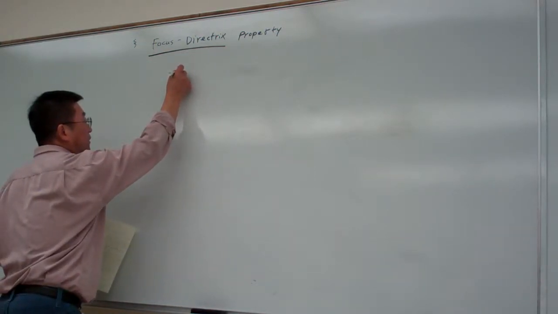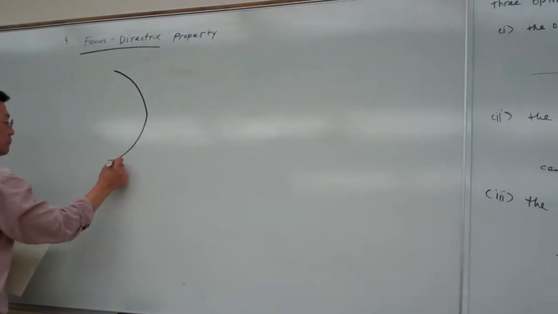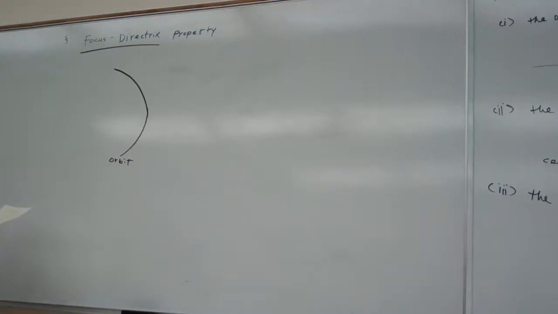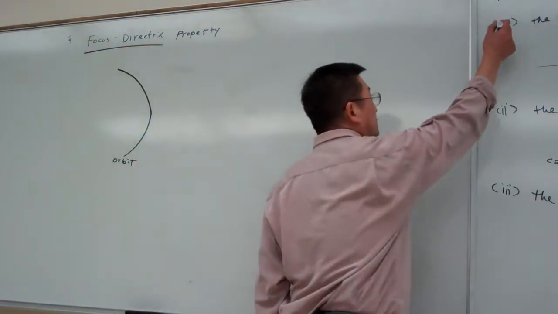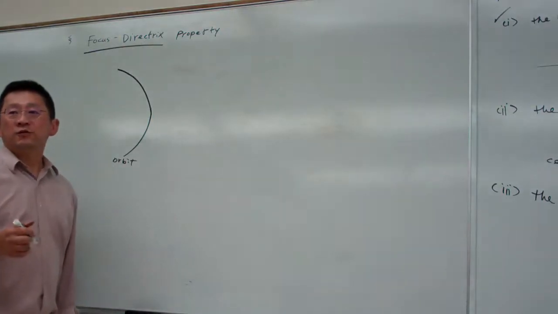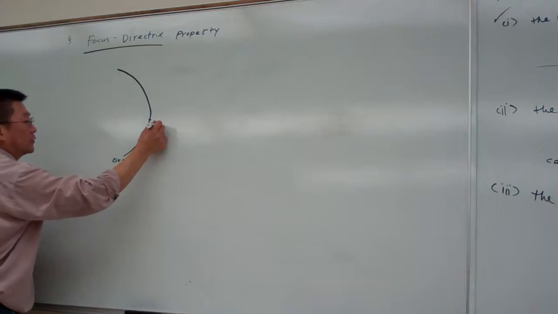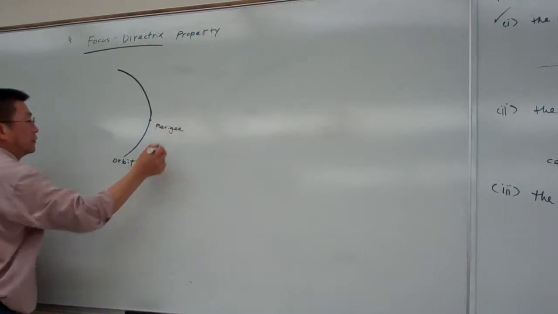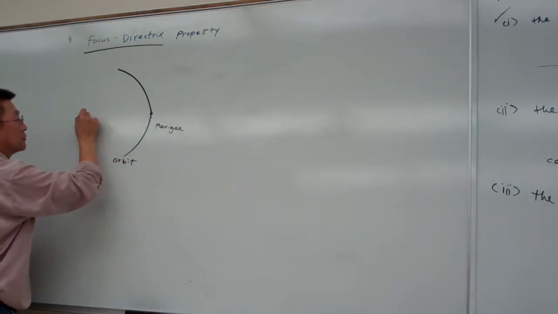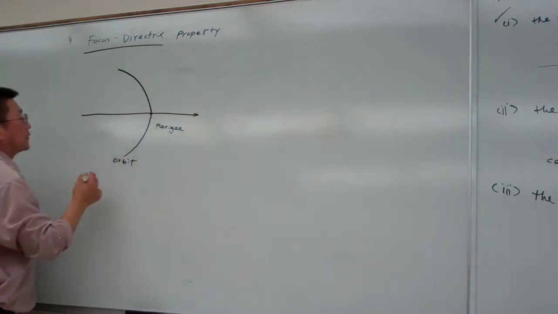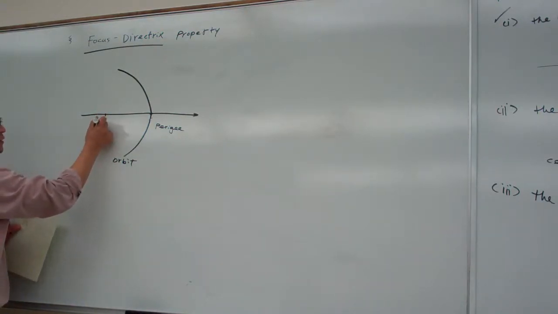Say if this is an orbit, and say for this one I take this option to place the coordinate system. So here, this is the perigee, and this is the focus.